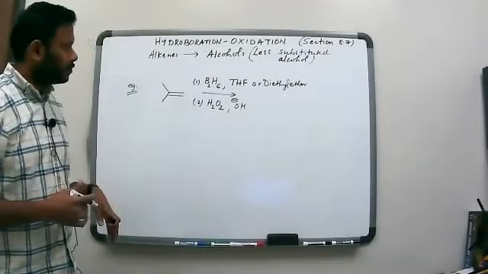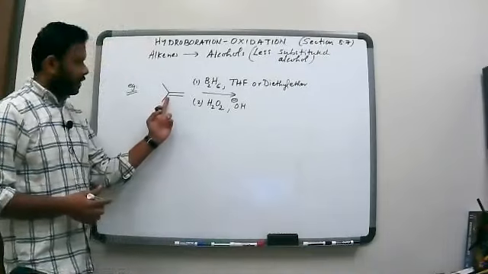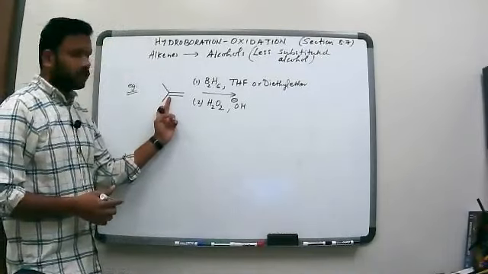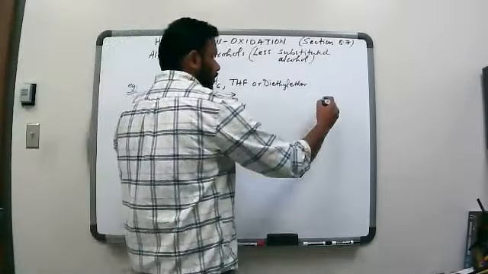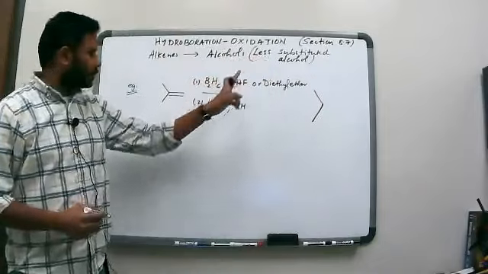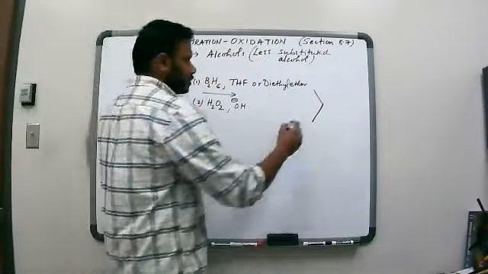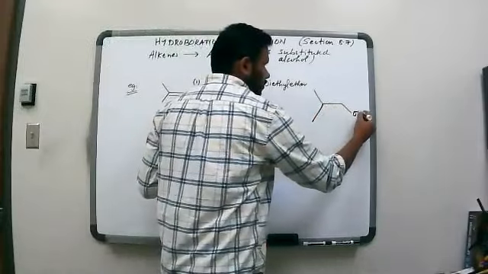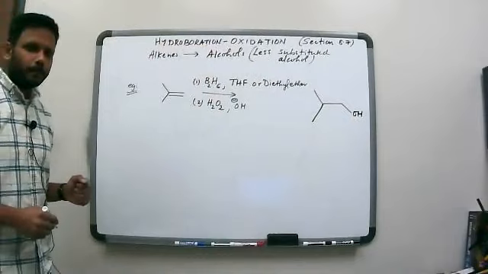So B2H6 in THF or diethyl ether. Now, since we have an alkene with a more substituted carbon and a less substituted carbon, our product from this reaction is going to be the less substituted alcohol. So that means the hydroxyl group goes to the less substituted carbon. The hydrogen is on the more substituted carbon. So that's the product that we get.